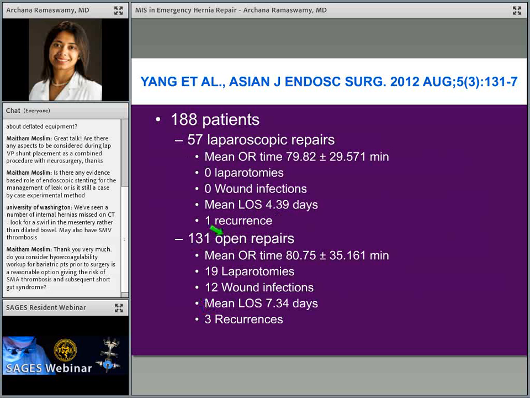Key things to note here are the equivalent OR time, lower wound infection rate in the laparoscopic group, and fewer recurrences in the laparoscopic group as well, and as you can see, a lower mean length of stay. Important to remember here is that this is a case series. There's no randomization, so there's definitely selection bias, and it may well be that all the open repairs were more complex cases.